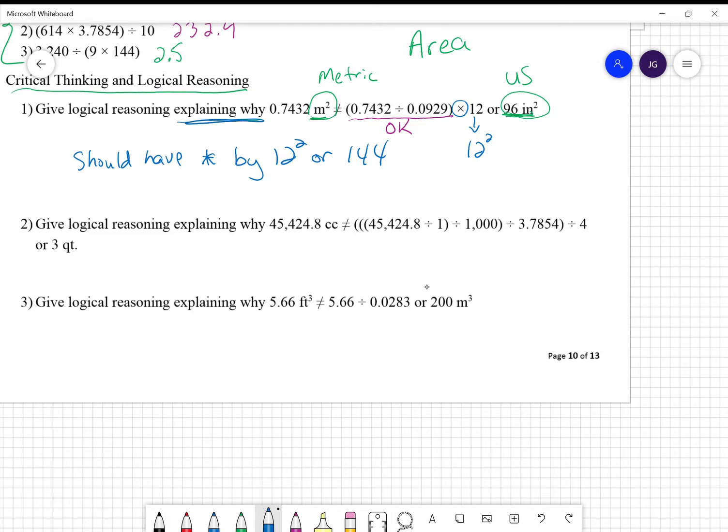Okay, number 2, give logical reasoning explaining why 45,424.8 cc's does not equal 3 quarts. Okay, so they started at the cc's and divided by 1 to get milliliters. It's the same value. And then they went milliliters to divided by 1,000. So let's see what they did.